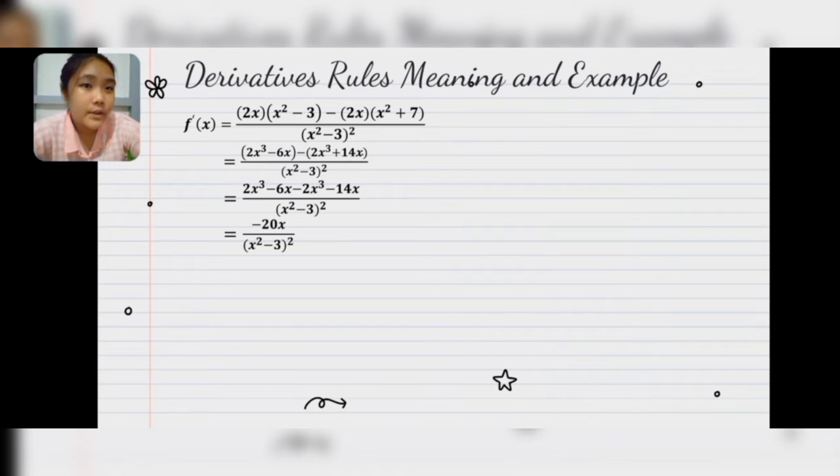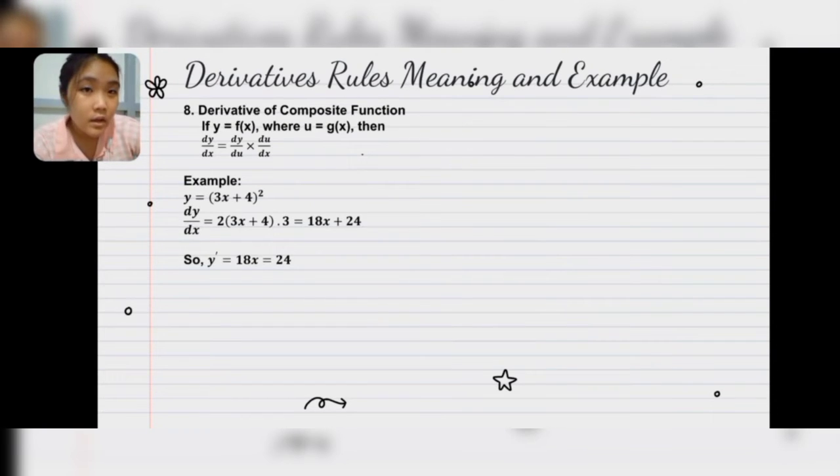And then the first derivative for this function is minus 20x per x to the second power minus 3, and then to the second power.